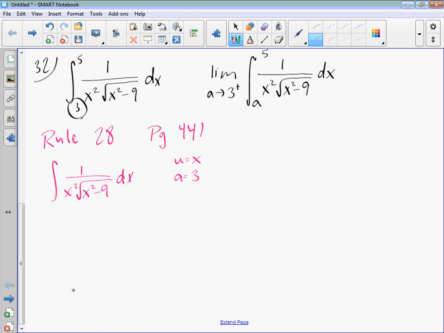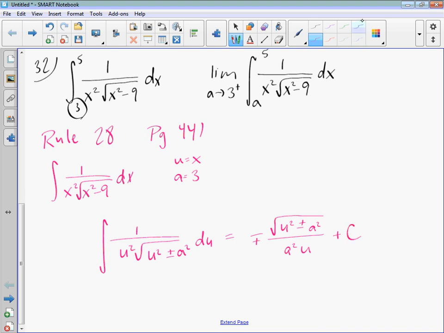Do you see that? So let me just write out the rule so I can point to it here. So if it was plus, you'd use the minus first. So this is the integral of 1 over u squared times the square root of u squared plus or minus a squared du, and it equals minus or plus the square root of u squared plus or minus a squared over a squared u plus c.